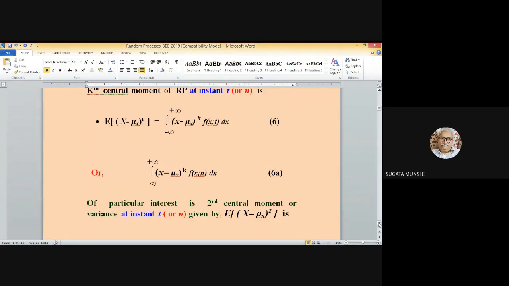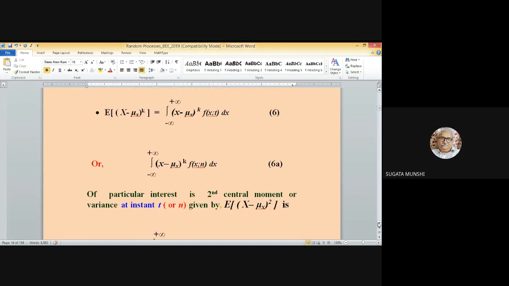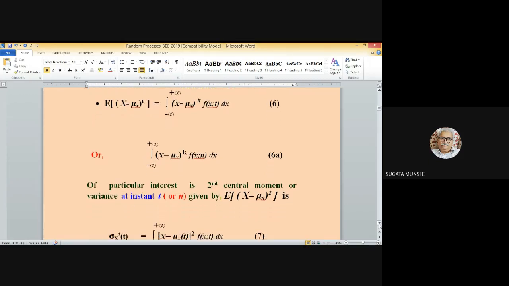Obviously, the most important is the second central moment or variance of the random process at the instant small t or small n. So all these values, the moments, the central moments, obviously they will depend on the choice of small t or small n, unless there is something special. Ordinarily, they will depend on the choice of small t or small n.